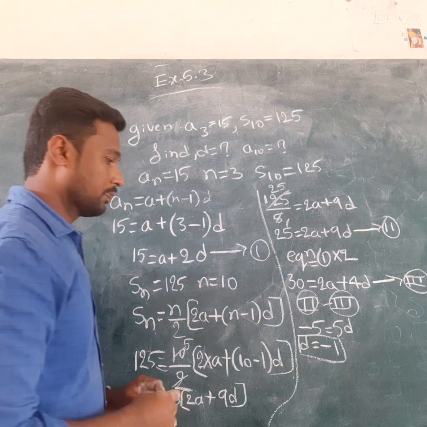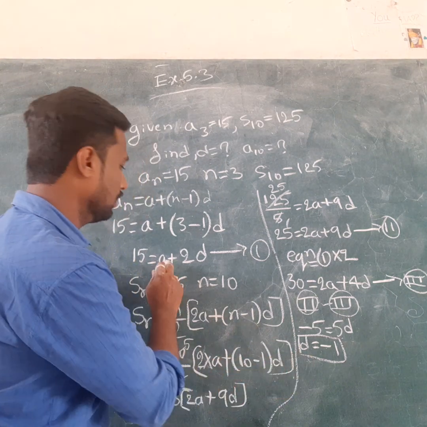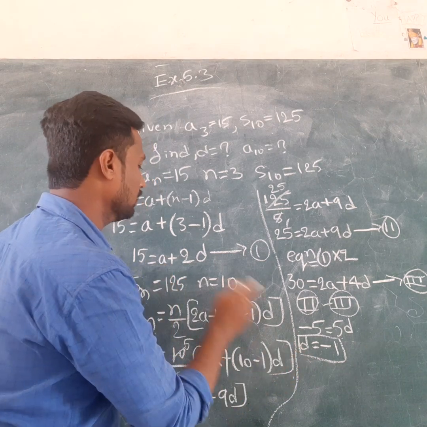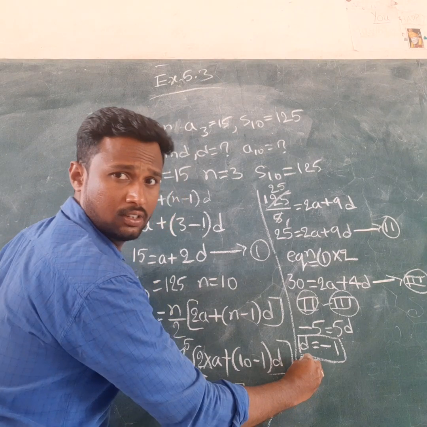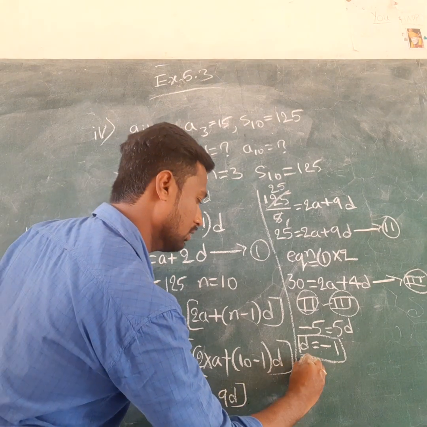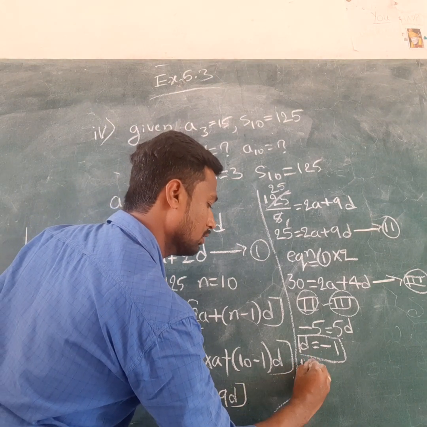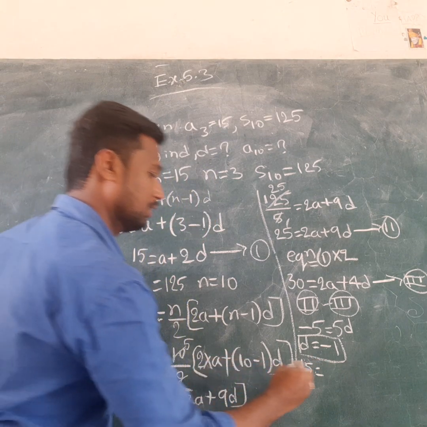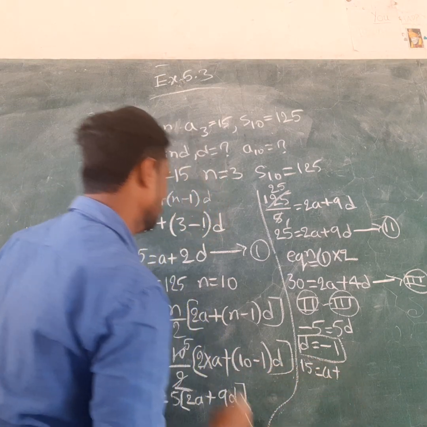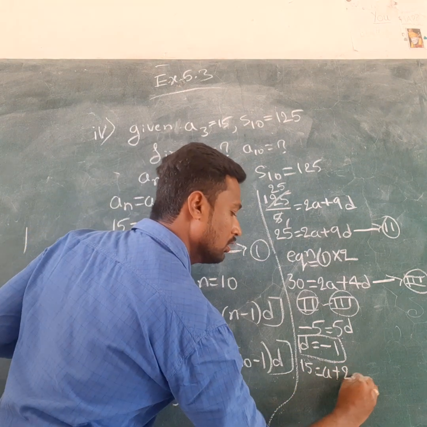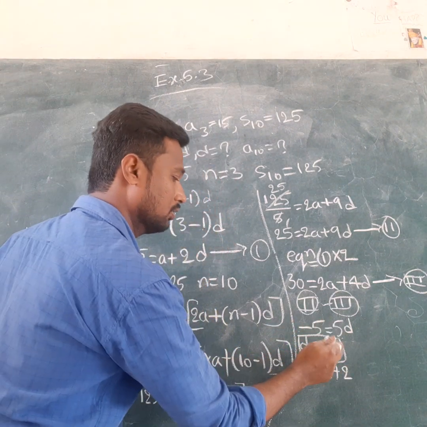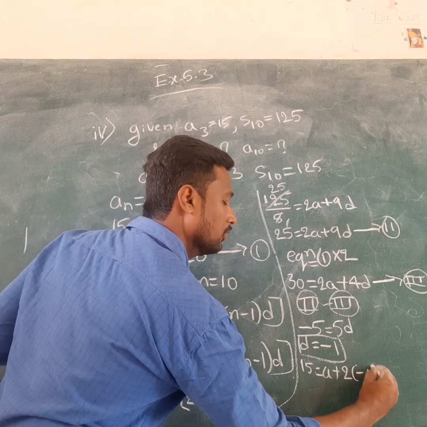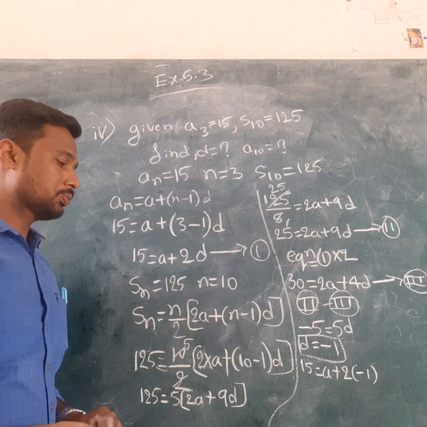So here, in equation 1 I will insert the d value as minus 1. So here 15 is equal to a plus 2d. 2 into d means minus 1, we got the d value minus 1.